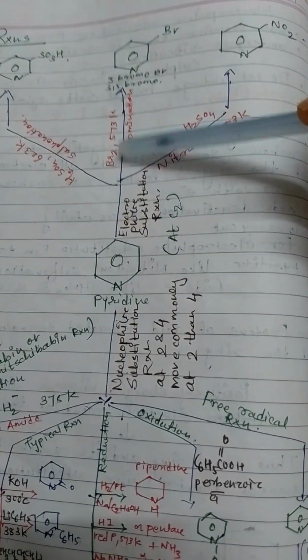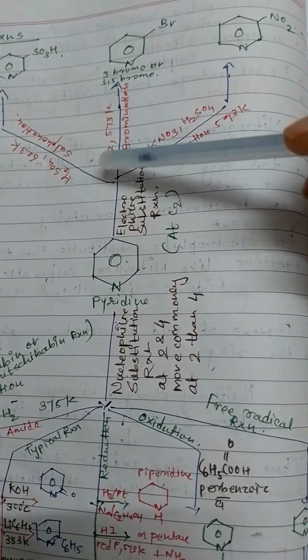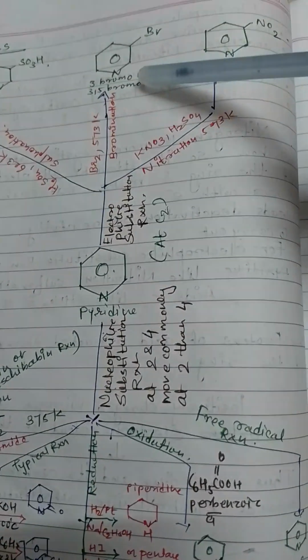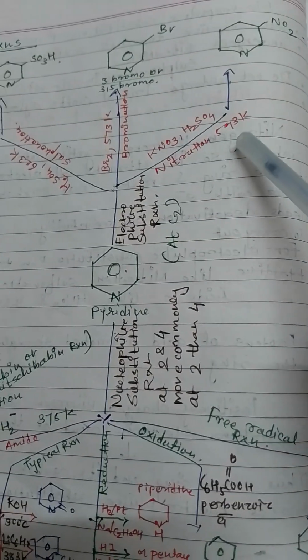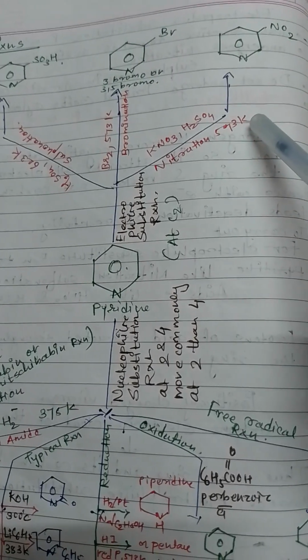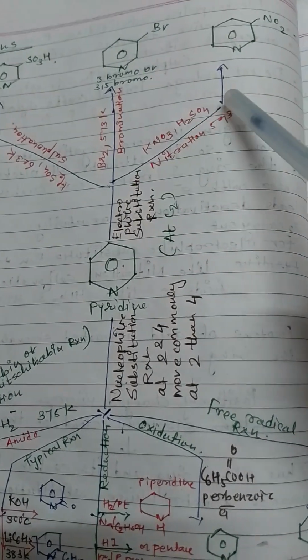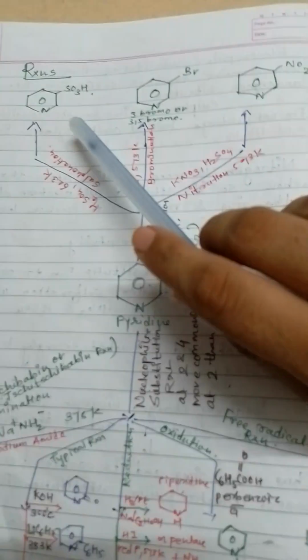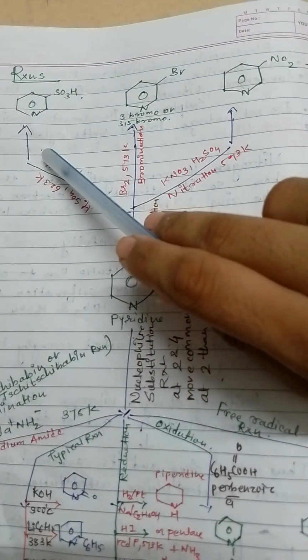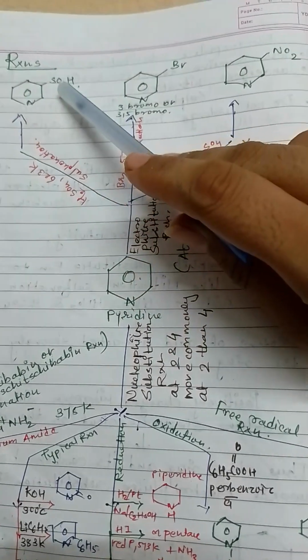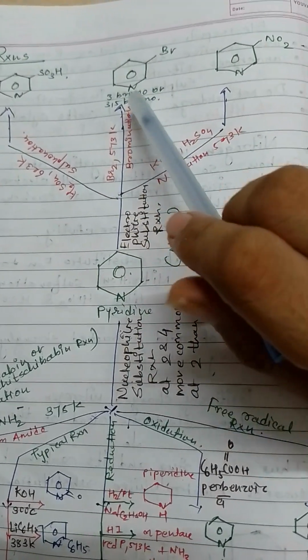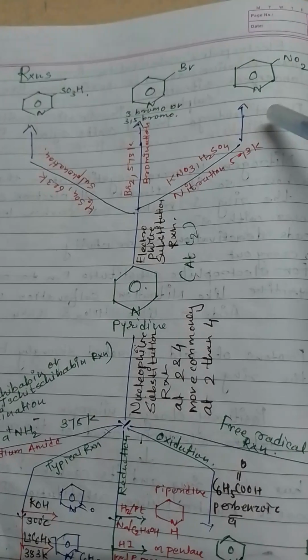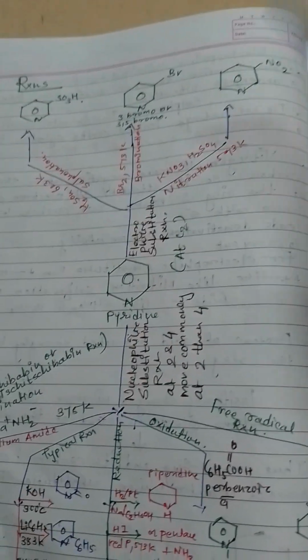For bromination, 573 Kelvin and a bromine molecule are required, and for nitration, 573 Kelvin temperature and KNO3 in H2SO4 are required. The products formed are pyridine 3 sulfonic acid, then 3 bromopyridine and 3 nitropyridine.